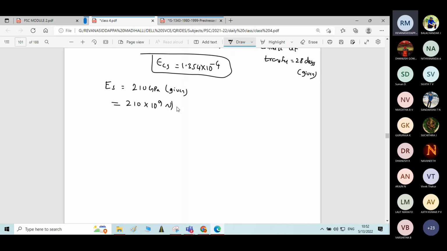Pascal means Newton per meter square. In terms of Newton per mm square, 1 meter square is 10 power minus 6 mm square, so finally you will get Es equal to 210 into 10 power 3 Newton per mm square.